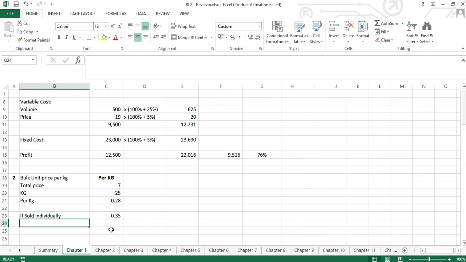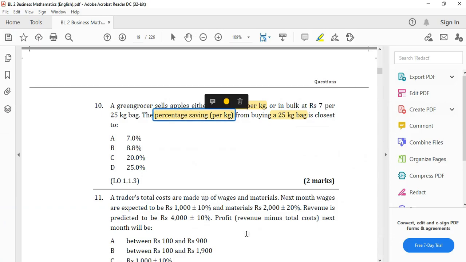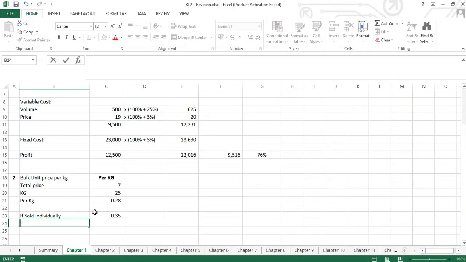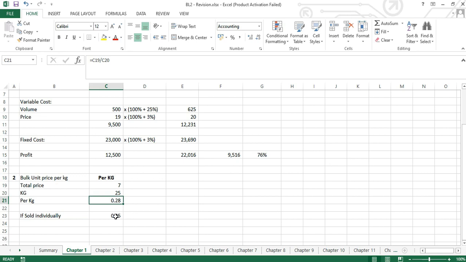So the difference, take the change if it's an increase or a decrease. But actually they are asking the saving. So by buying in bulk, the unit price is less than if sold individually, which means it's a saving because currently we can buy at 0.28 per kg if we bought in bulk.